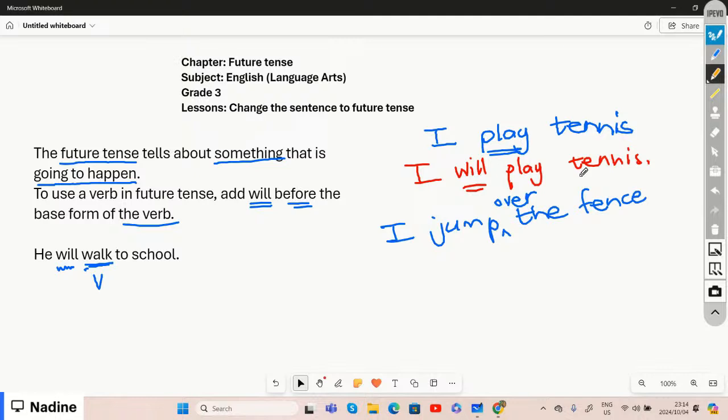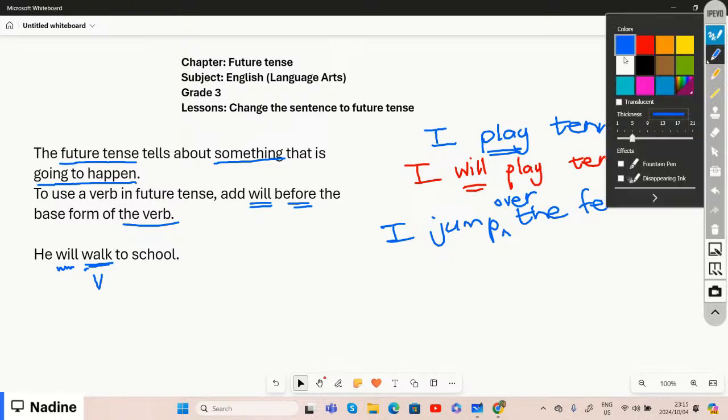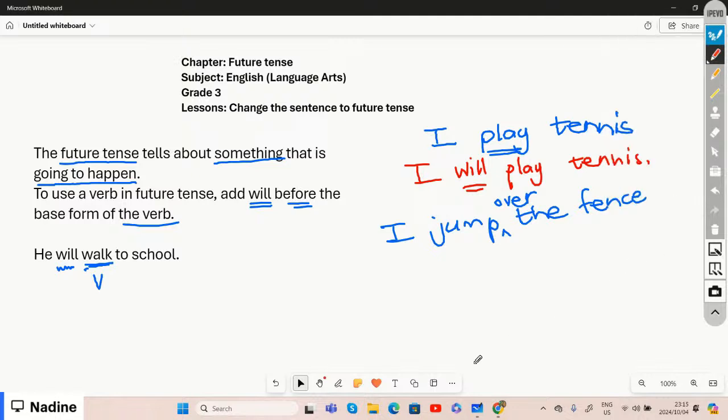So we need to change that to the future tense. How are we going to write that in the future tense? Remember, we add the word will in front of or just before our verb.